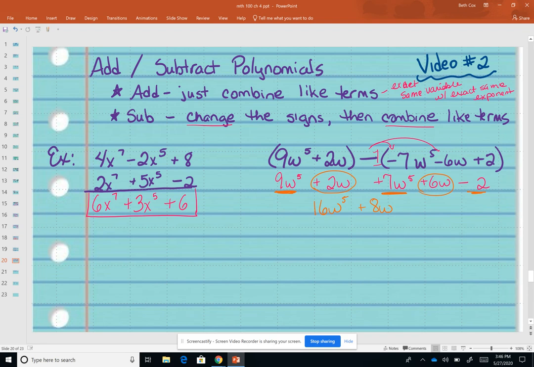And the negative 2, or the minus 2, doesn't have anything that's alike. So that's it. For adding, you just combine like terms. Don't mess with the exponents. For subtraction, you change the signs of the ones subtracted. Then you combine them. All right, I got a really big nasty on the next slide.